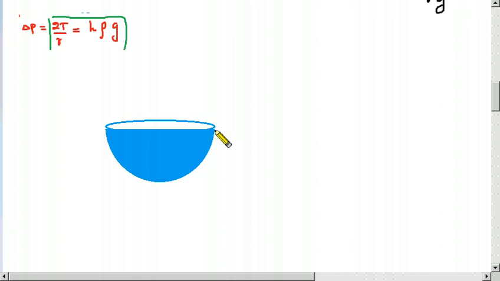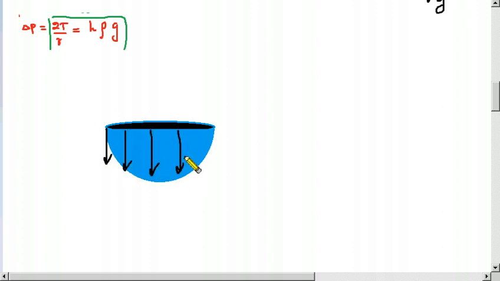So let us draw the meniscus like this, the center cross-sectional area. So this one is the cross-sectional area. So the surface tension is acting this way, always it is towards the liquid.